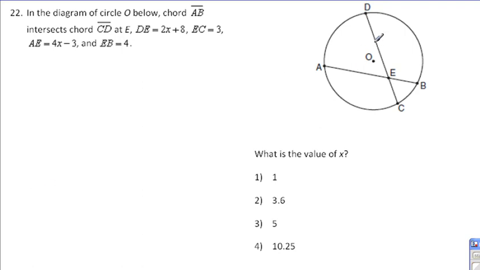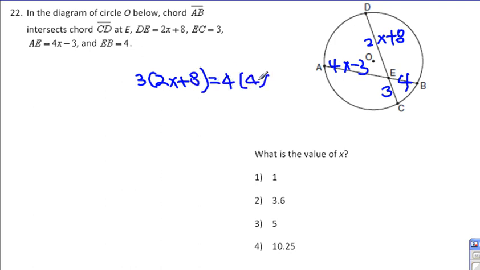Here we have DE is equal to 2x plus 8. And EC is equal to 3. And EB is equal to 4. Here we have 4x minus 3. Let's try looking at them together. So one thing that we get to realize is 3 times 2x plus 8 must be equal to 4 times 4x minus 3.